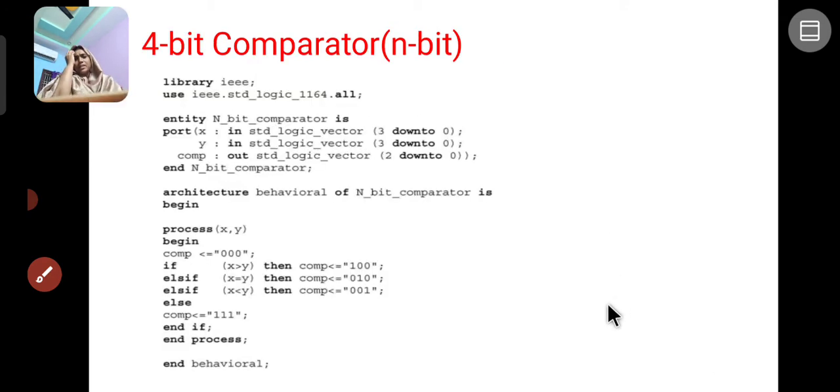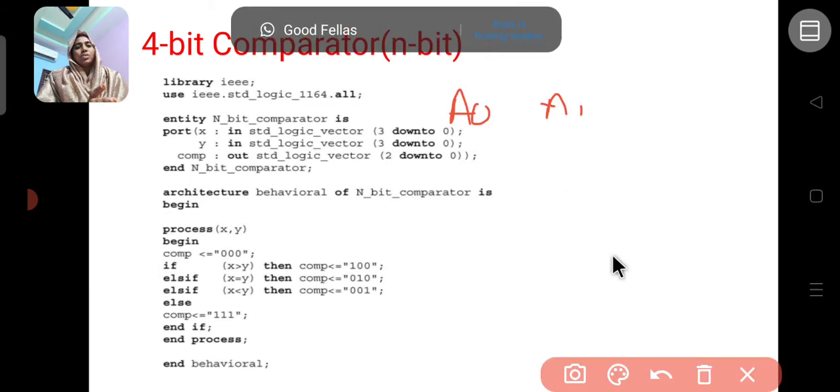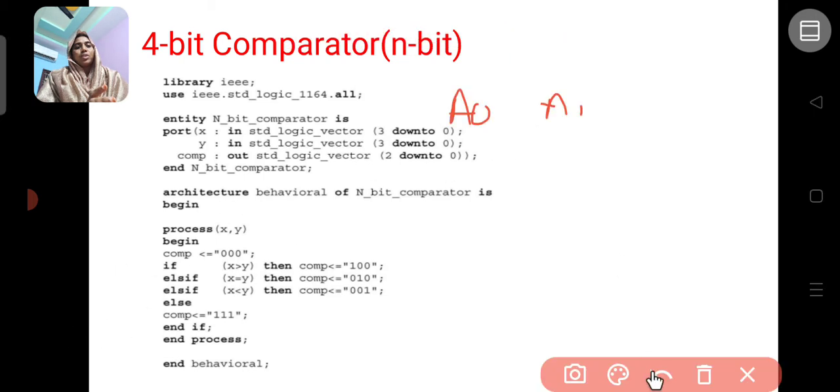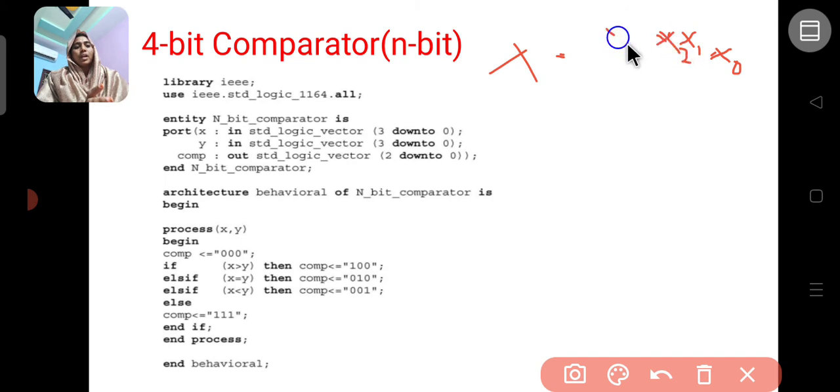We can write the same program for a 4-bit comparator also. Here we have to change only the inputs. Four-bit comparator means if we take two inputs, the inputs are X and Y. In the first input X we have 4 bits: X0, X1, X2 and X3.